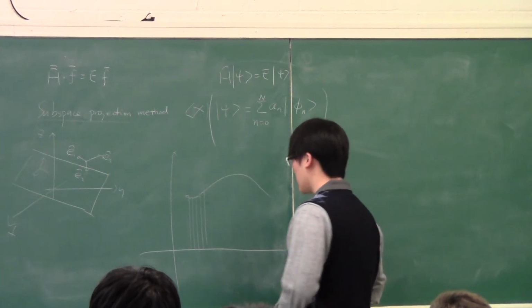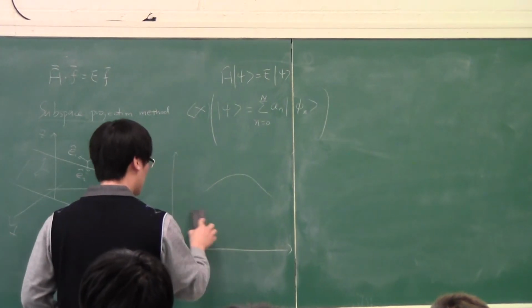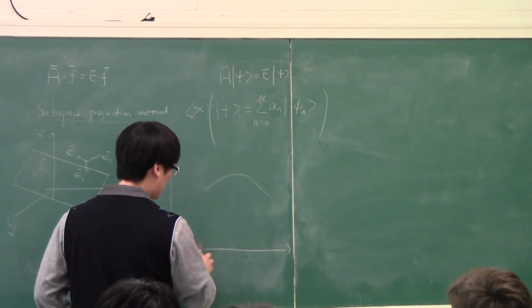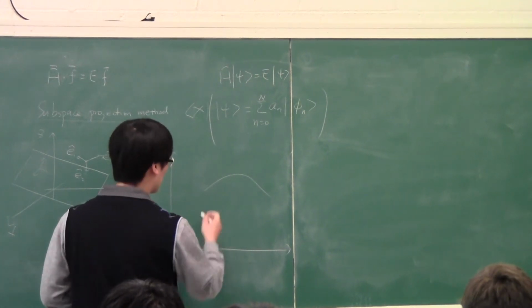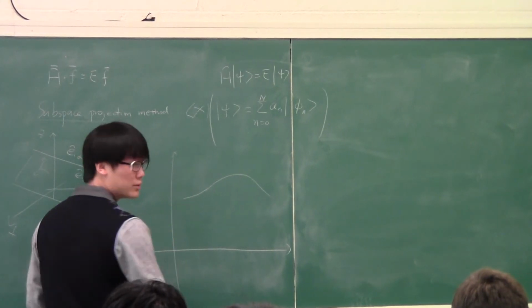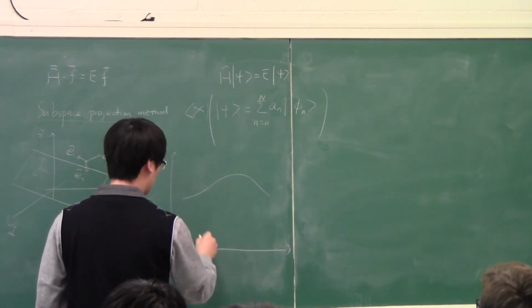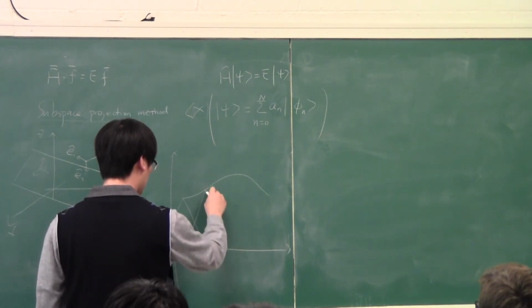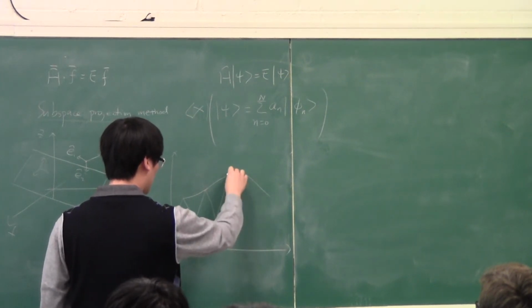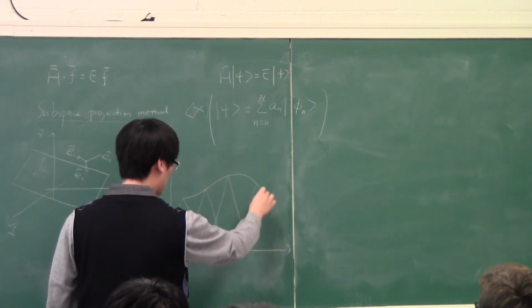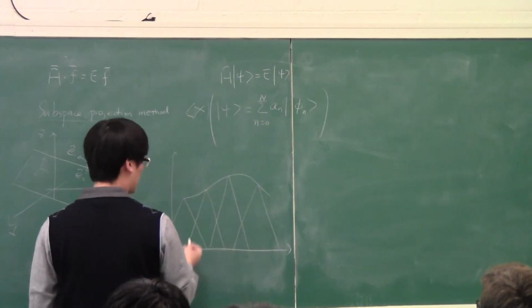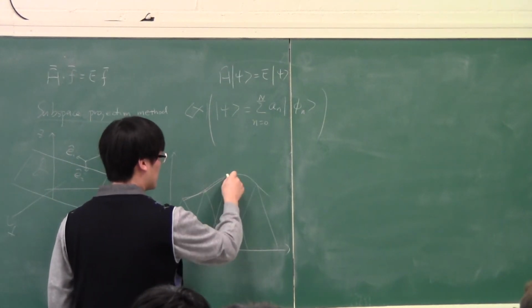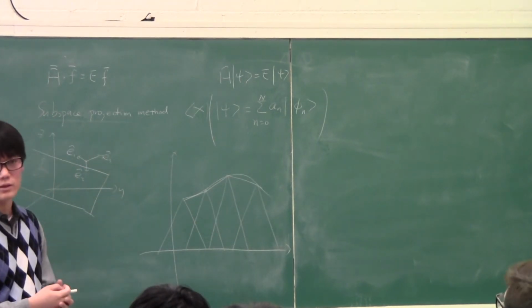Another thing you can use, because if you're doing squares then you need a lot of basis functions if you want to be precise, is triangles. I'm not really going to be quantitative here, so maybe these two triangles add up to here, maybe here.